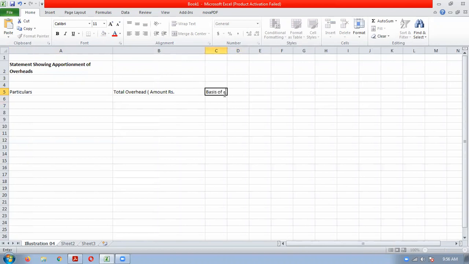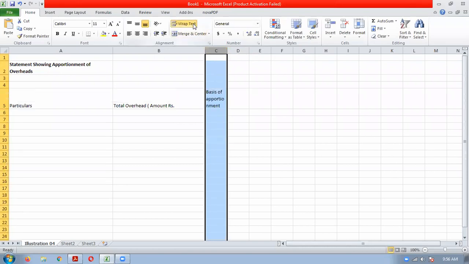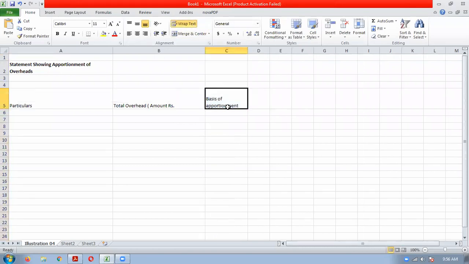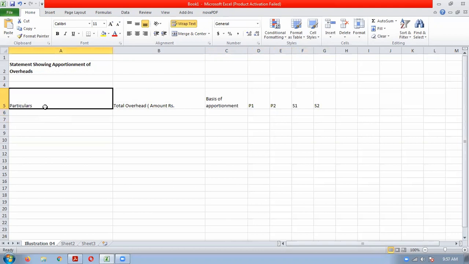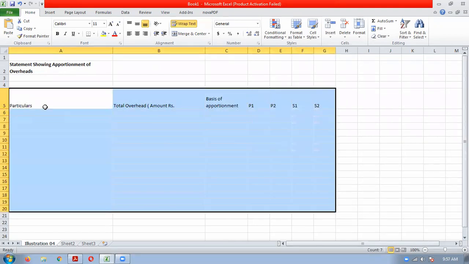Basis of apportionment. How we will apportion the common cost to different departments, because common cost will be relevant for all the departments: P1, P2, S1, S2. So like this, 4 departments are there in the company. So we will apportion this cost to all the 4 departments using some basis. So how we will do that, we will understand.